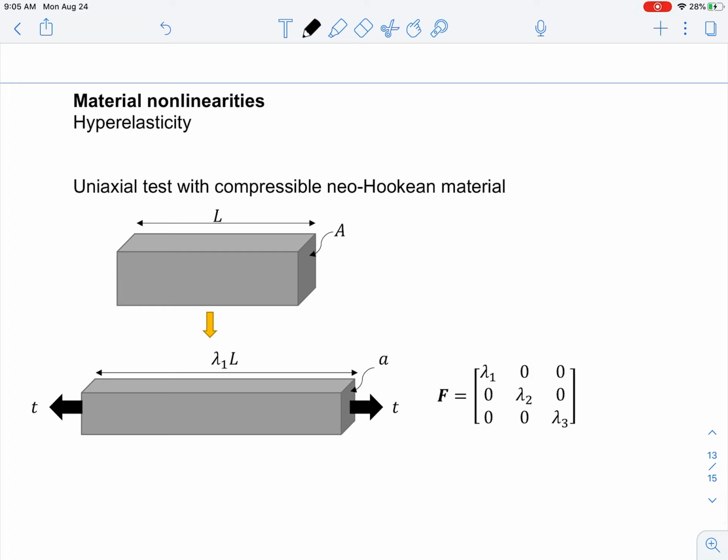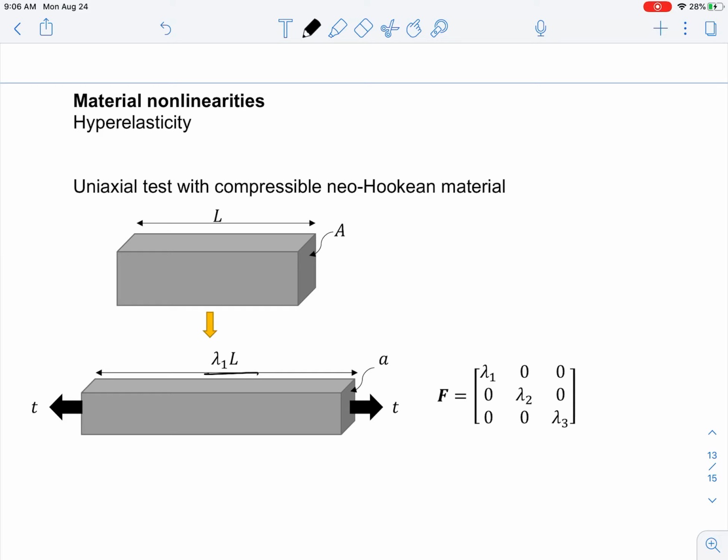For example, let's say that I want to do a uniaxial test of a compressible Neo-Hookean material. I have a bar or cube that is originally length L, and I want to deform it into something that is length lambda 1 times L. Don't confuse this lambda 1 with the Lamé parameter. It may be a little bit confusing, but this lambda 1 relates to the deformation along this axis.